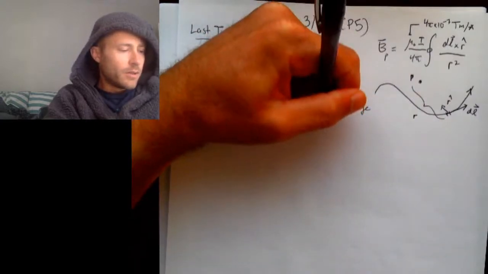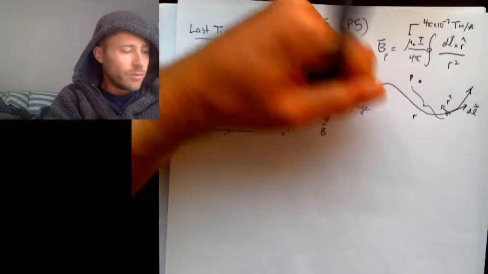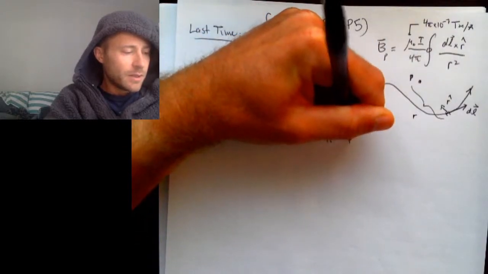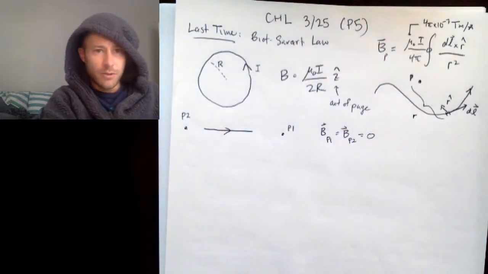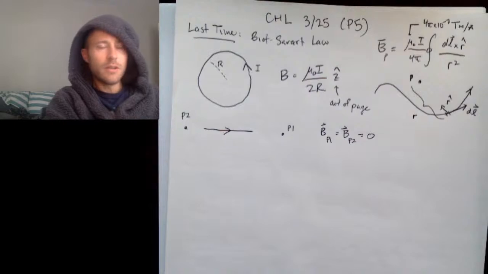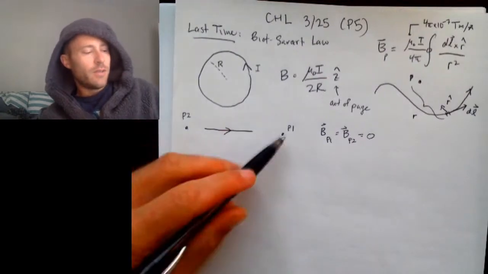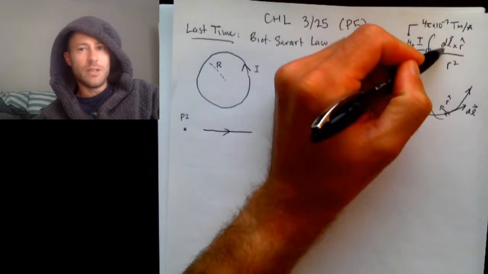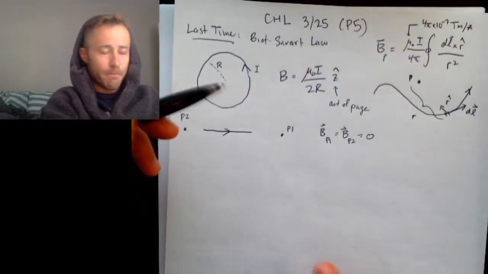The magnetic field at P1 and P2 is going to be equal to 0. So there's no magnetic field directly in front of a wire or directly behind a wire. And that is because if the point is directly in front or directly behind, this dl cross r hat term becomes 0.